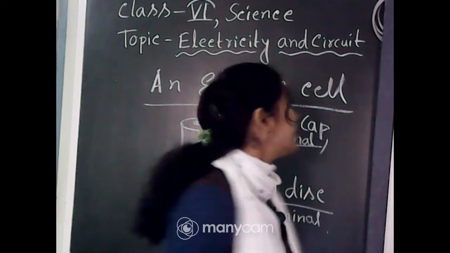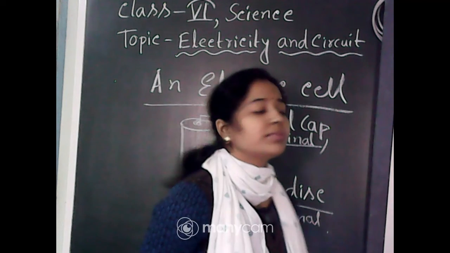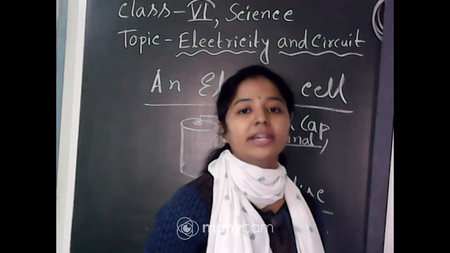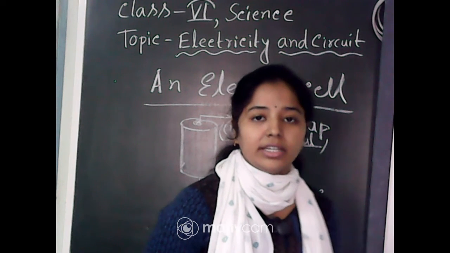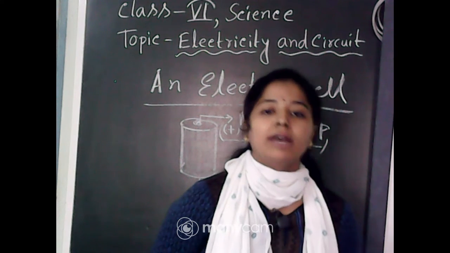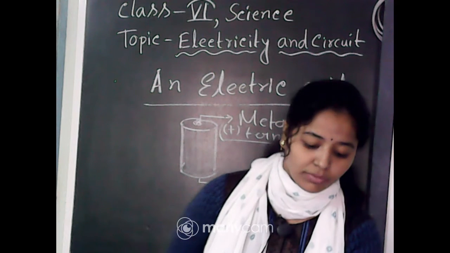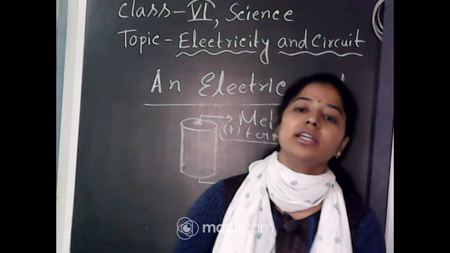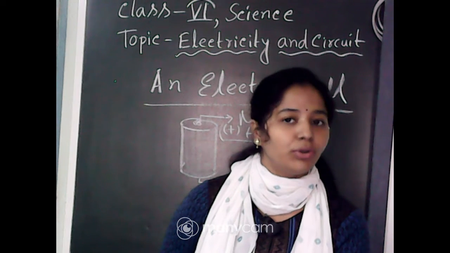Inside that electric cell there are some chemicals which react so that they can easily conduct electricity. When these chemicals are used up, the electric cell stops producing electricity. Then it is replaced by a new one.